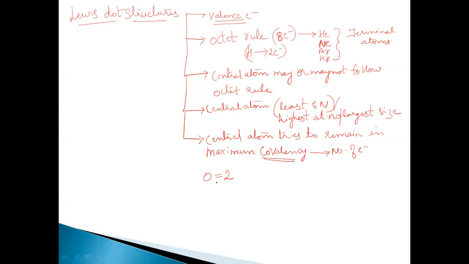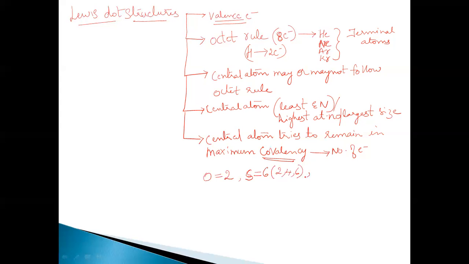That means it can give 2 electrons for sharing or for the formation of a covalent bond. For sulfur, the maximum is 6, but it can give 2, 4, or 6. Generally, the maximum covalency is the number of electrons in the valence shell, so that is the maximum it can give for bonding.